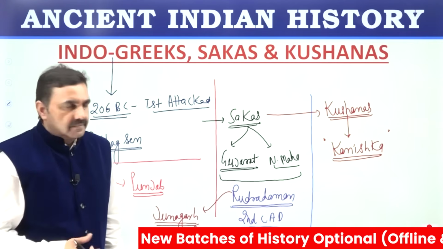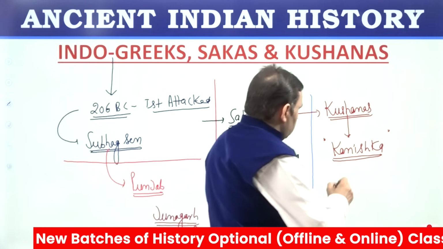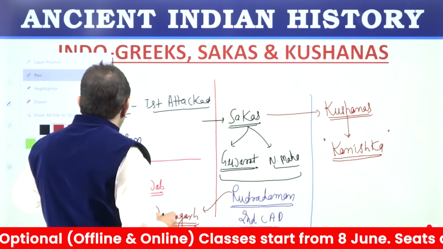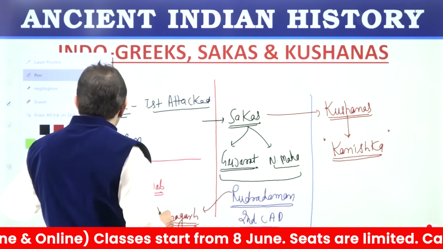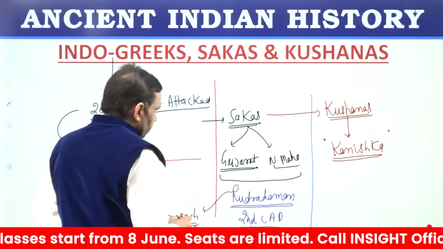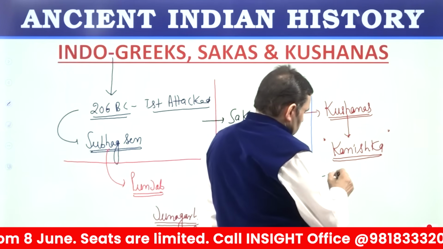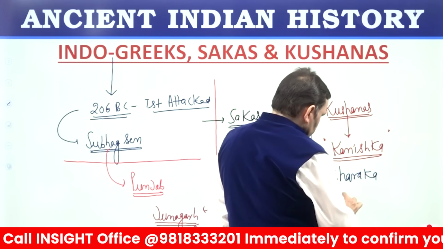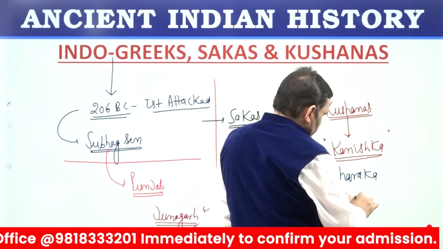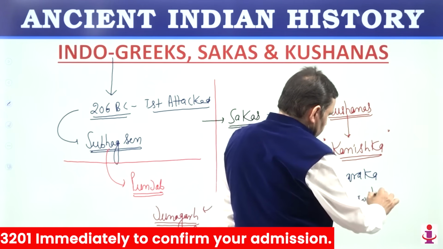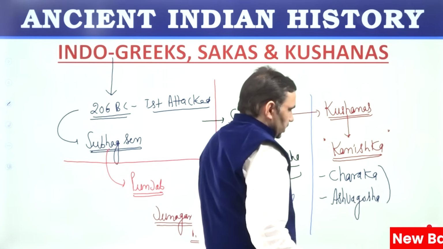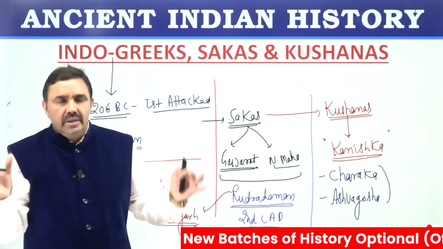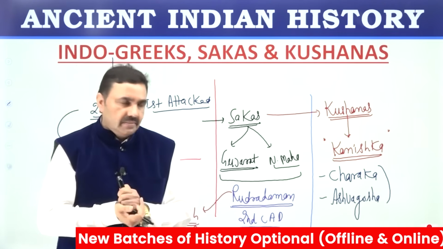Charak, the author of Charak Samhita, a book of medicine, used to live in his court. Charak Samhita is a book dealing with the medical science branch, or it is a book based on Ayurveda.